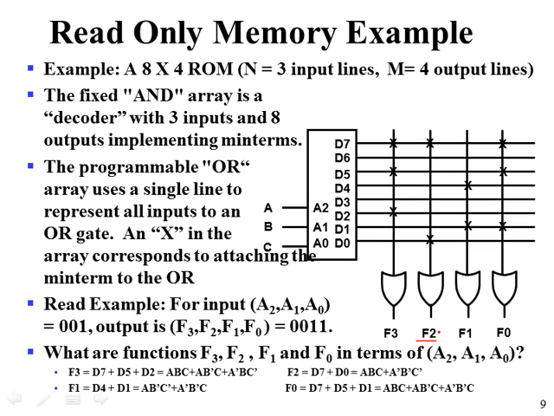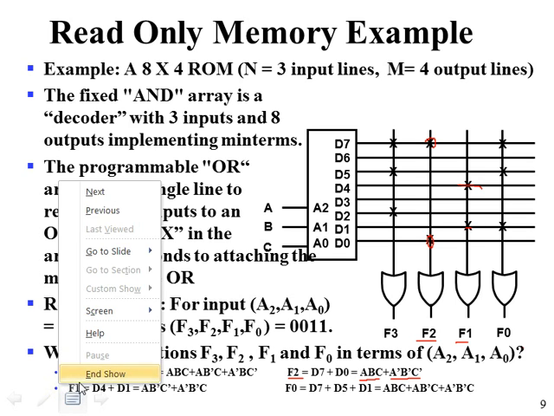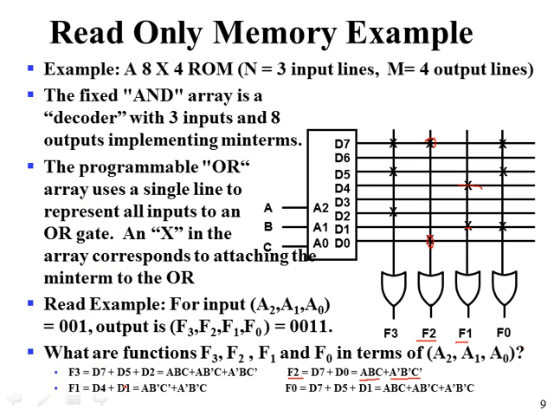Similarly, F2 is the OR of this minterm and that one. So this minterm is D0 and that minterm is D7. So F2 is D7 or D0. D7 is 1, 1, 1. D0 is 0, 0, 0. And for F1, we have two minterms, D1 and D4.